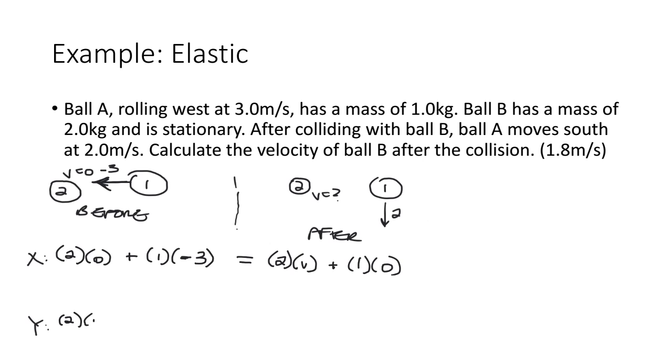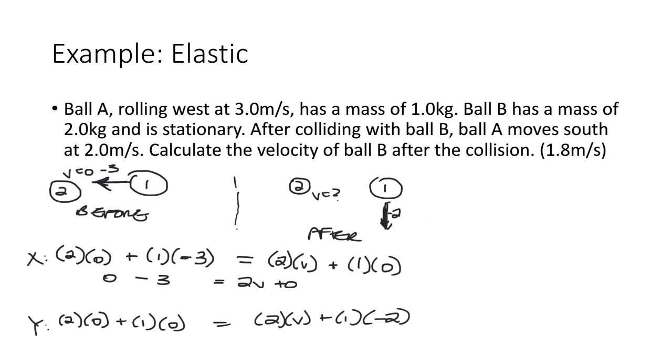In the y direction, this object is moving downwards, which is why its velocity is -2. I will solve for the velocity in x.